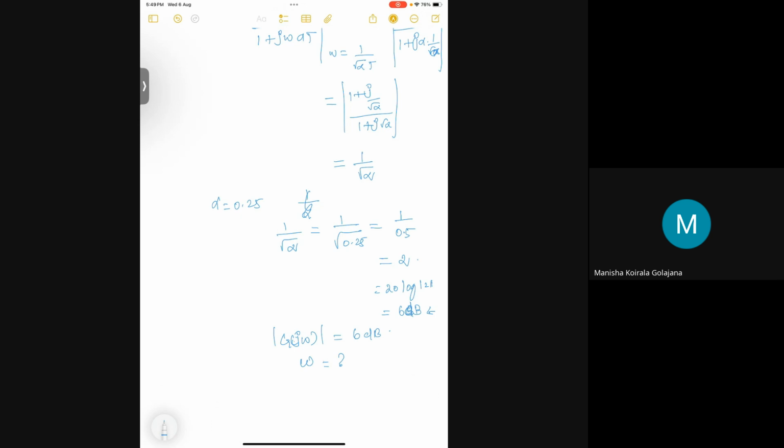I'm just dragging the cursor over my magnitude plot to see. This is 3, this is 5.58, this is 4.37. After that, I couldn't take. So it's around 4.37. Let me try to take it accurately.